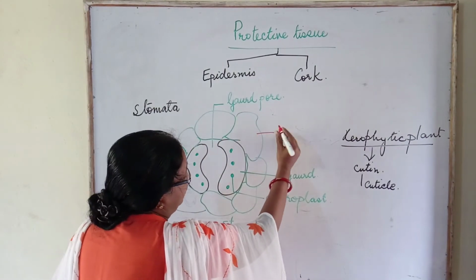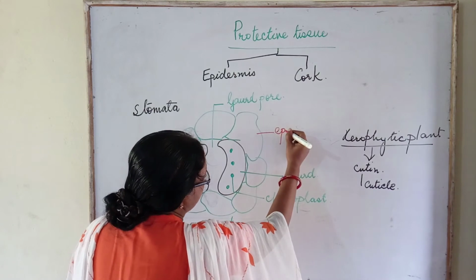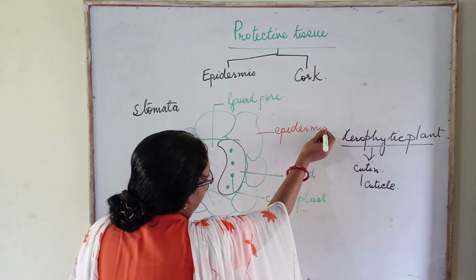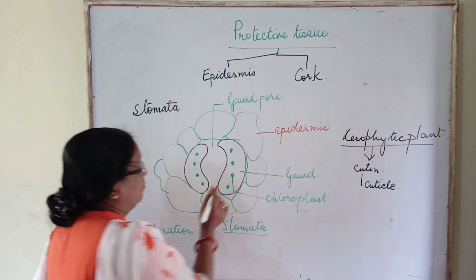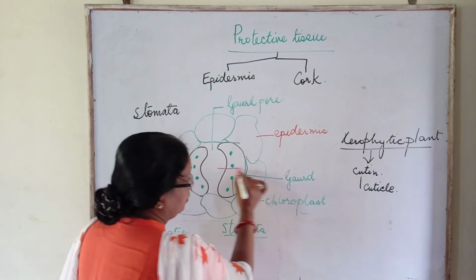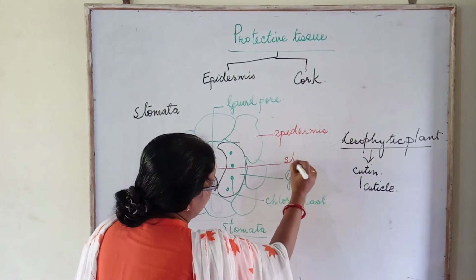These are the epidermal cells, or you can say epidermis. The inner cavity is known as the stroma.